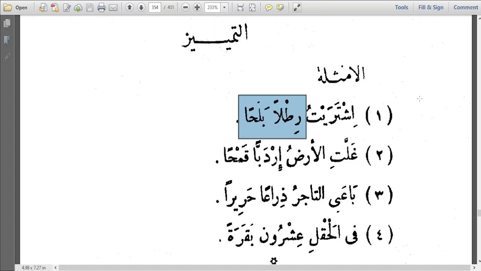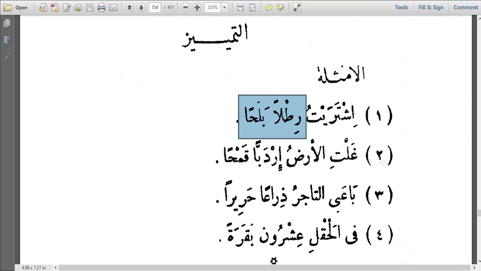I bought a pound of unripe dates. So the balhan you bring clarifies the retl, clarifies the pound. It differentiates what you intend, yumayyizu maqsuduka min ghayrihi, from anything else apart from what you intend.